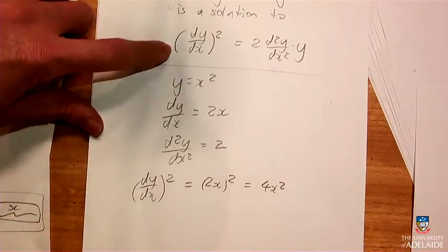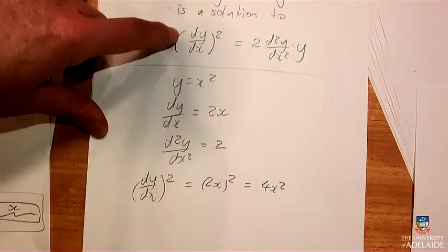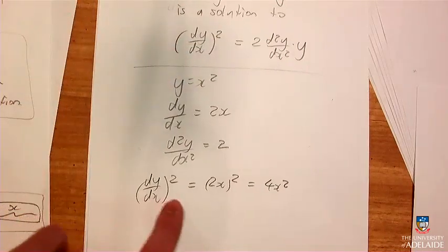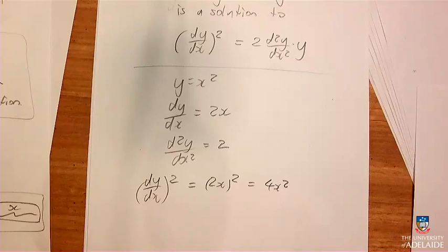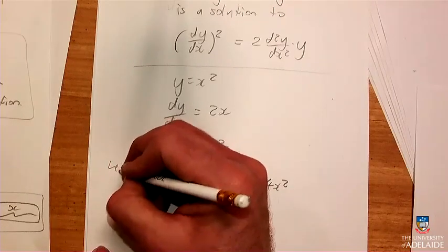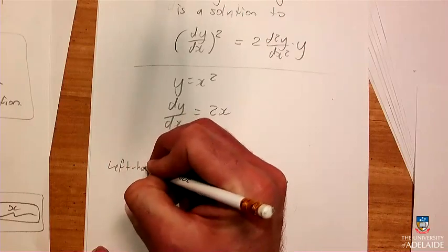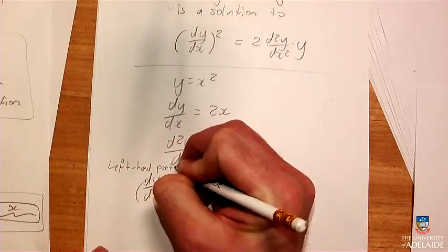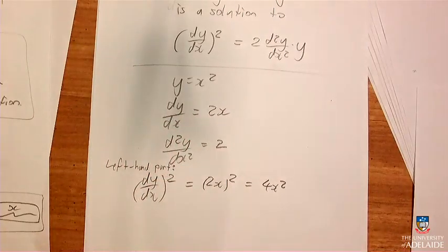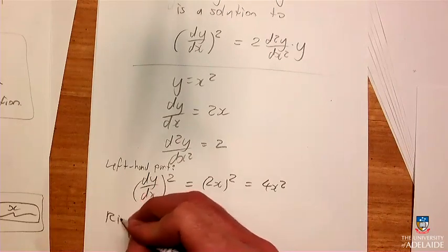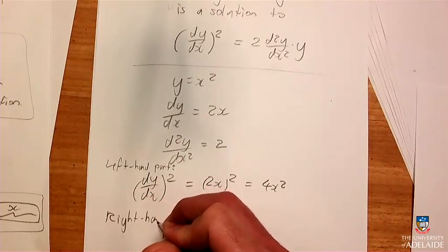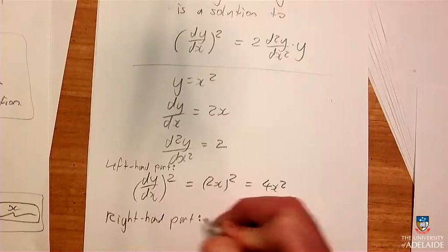So what I've done is I've taken this part of the equation and I've done this. Some people would even tell the reader what they've done. They'd say like, the left-hand part of the equation. And now let me look at the right-hand part of the equation.